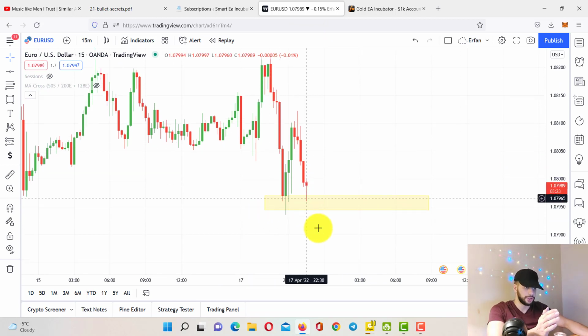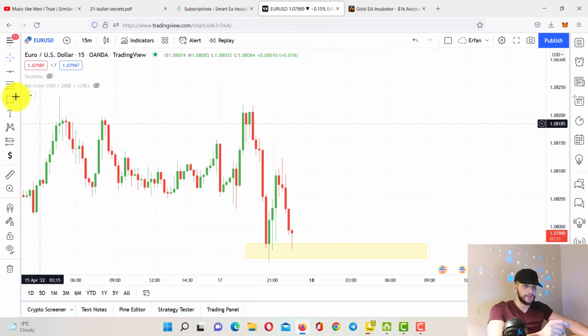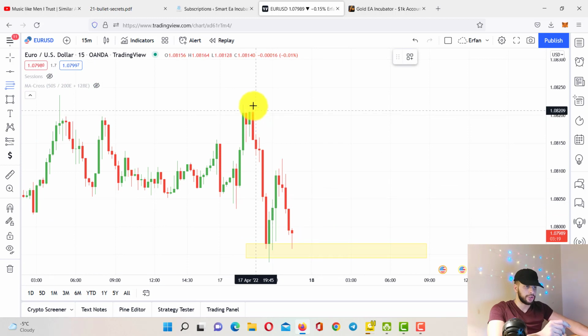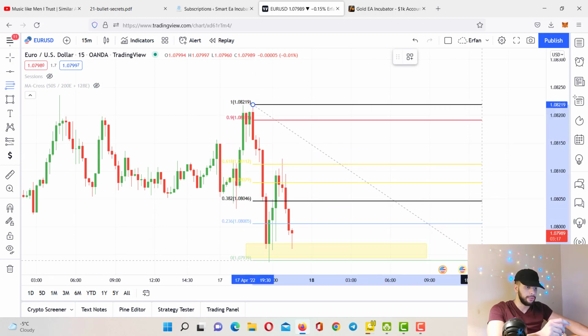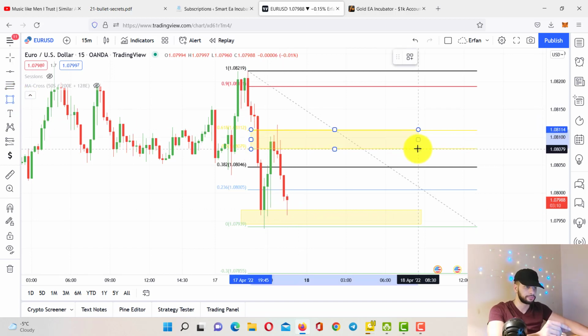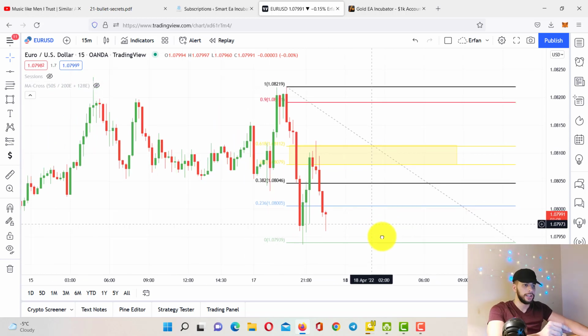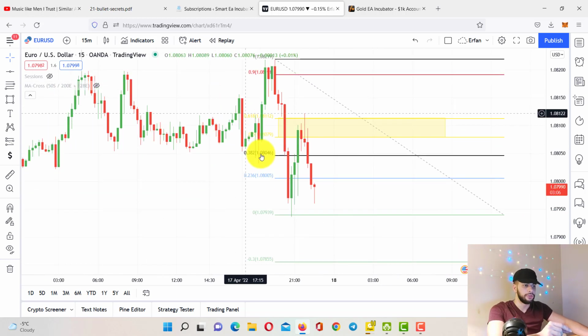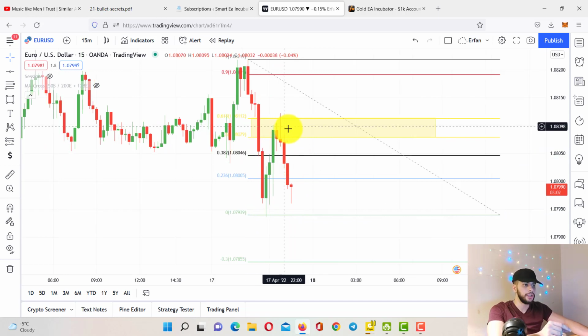We probably have a breakout structure below this level, because even right here, because of this breakout structure, if I use my Fibonacci level, you'll see that it literally tested the golden zone and then it dropped. I'm going to draw this level, which is our golden zone, and it started from here. We have a breakout structure here, it ended here because the correction started from here, and this is our golden zone.